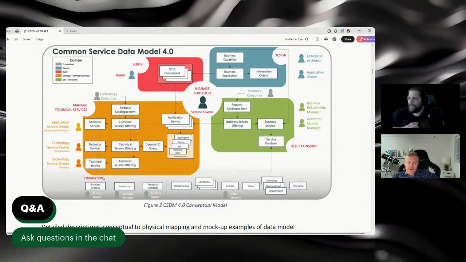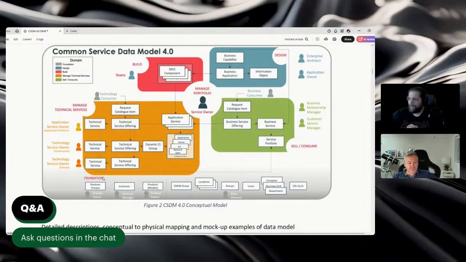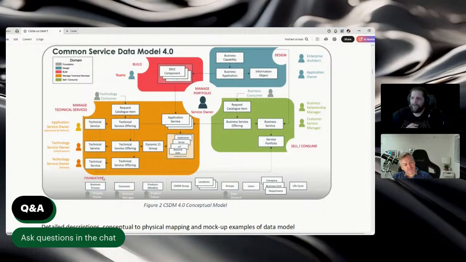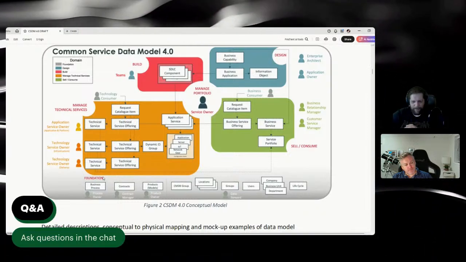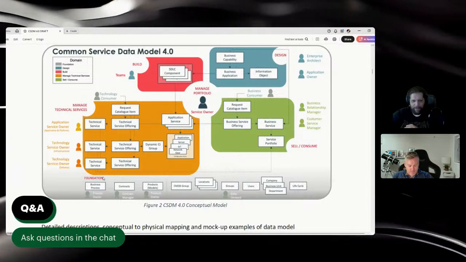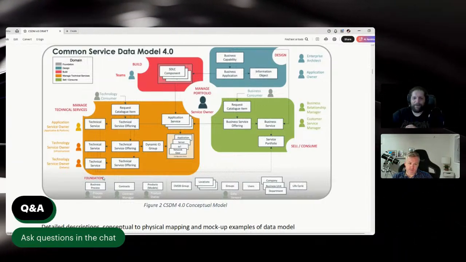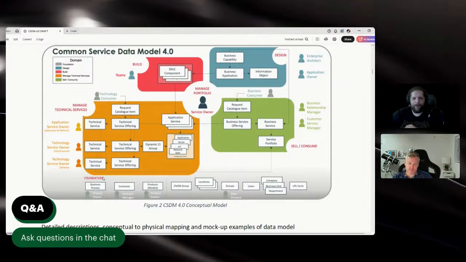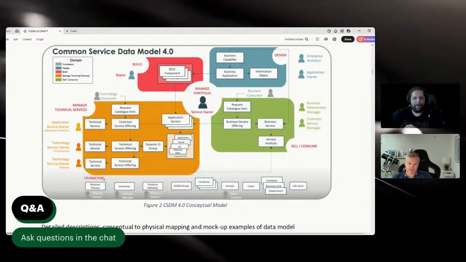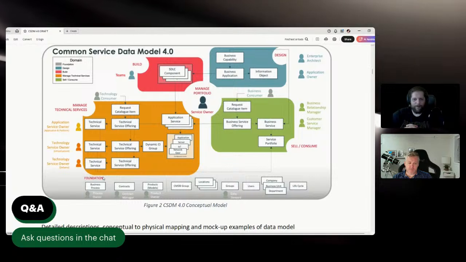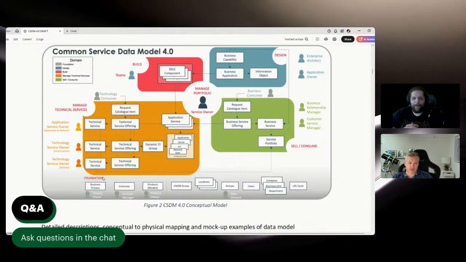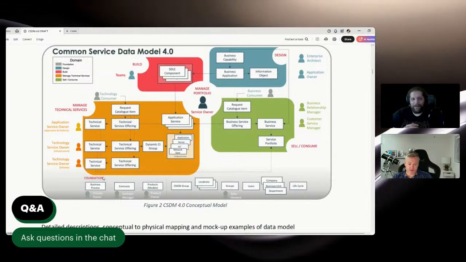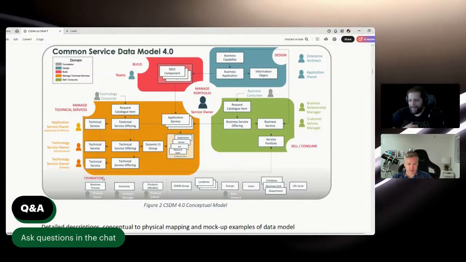It's interesting. In my former company, we had a bit of a discussion that the CSDM has a little bit of an issue when you talk about things like Microsoft services, Outlook, Office, and so on, and modeling that into application services, technical and business services.